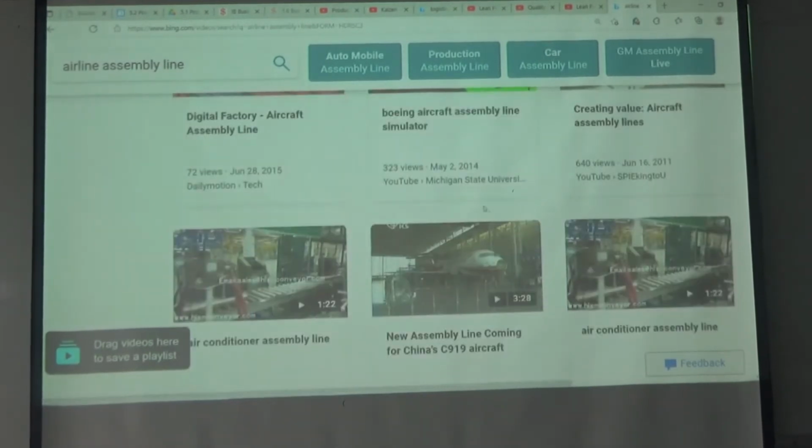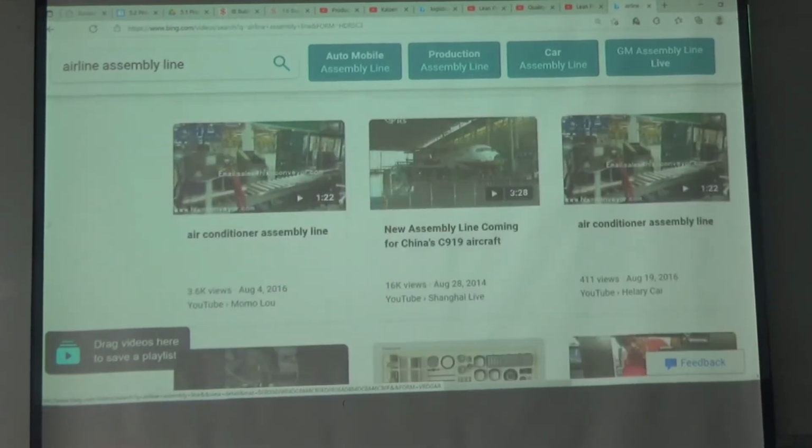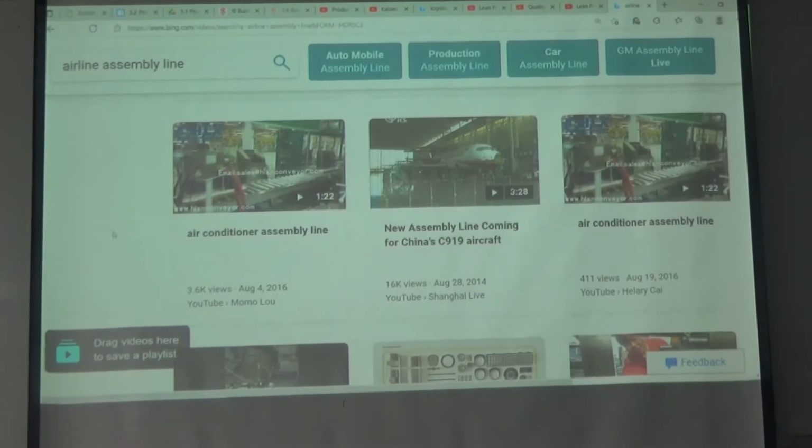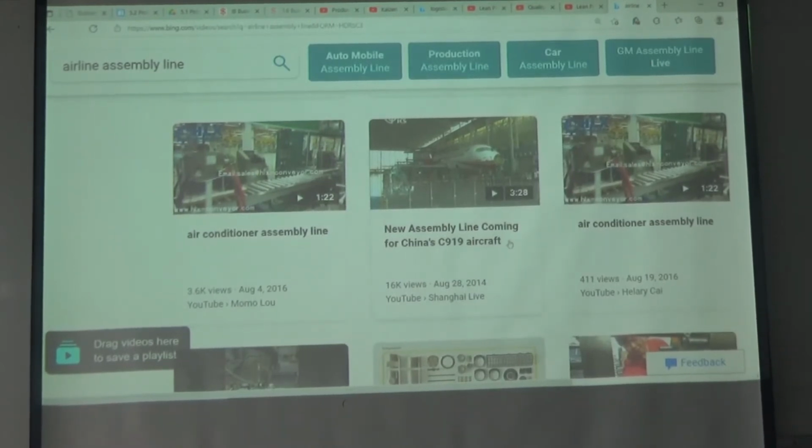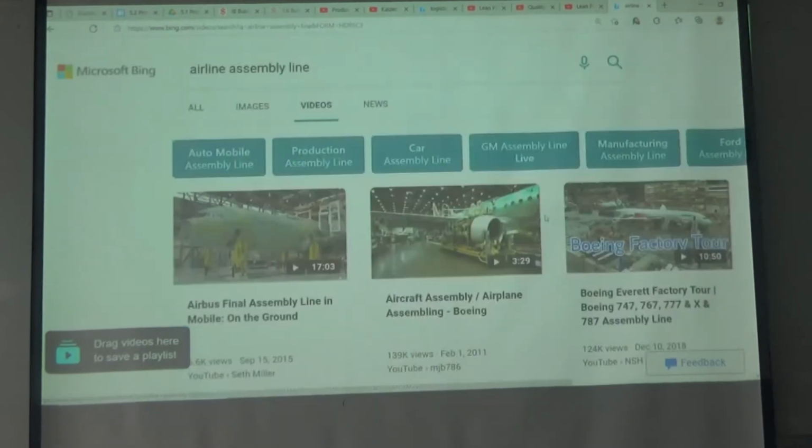So instead of the factory being in one place, the plane moves through the whole assembly line as it's going through and getting worked on by people the whole time, which is totally cool.